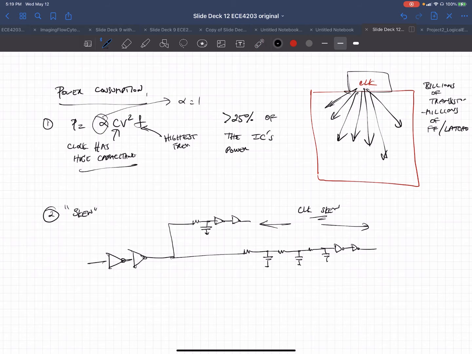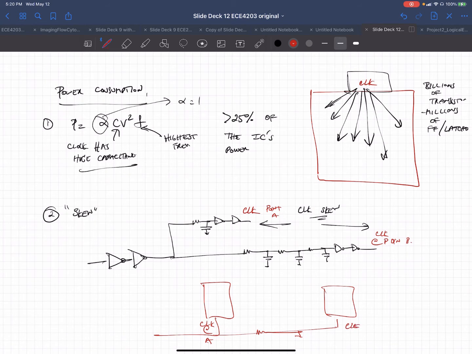Depending on how you distribute your clock, you have to be careful about the results. So this is going to clock at point A. This is going to clock at point B. Let's say this is clock at point A, so there's a bunch of delay here, and this is clock at point B. You've got to be really careful that you consider the fact that these two blocks are not getting the clock at exactly the right time.